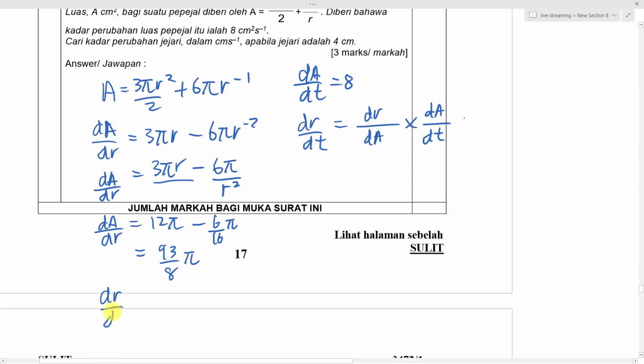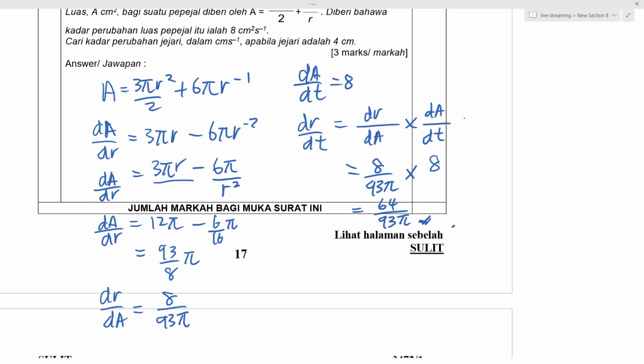So I want to do dr dA. I'm going to flip over, become 8 over 93 pi. So this is 8 over 93 pi multiplied by A. So I got 64 over 93 pi. Alright, this is how I do this kind of rate of change question. And I hope my answer is correct.